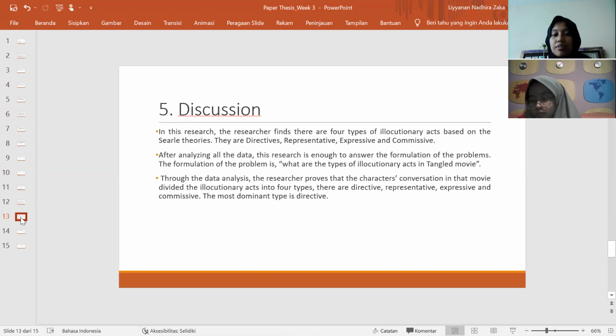The formulation of the problem is what are the types of illocutionary acts in the Tangled movie. Through the data analysis, the researcher proved that the characters' conversation in the movie divided the illocutionary acts into four types. There are directive, representative, expressive, and commissive. And the most dominant type is directive.